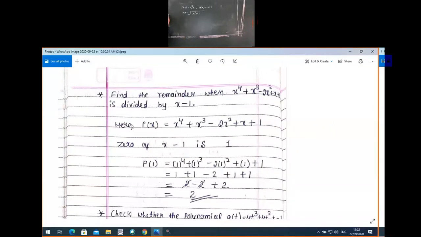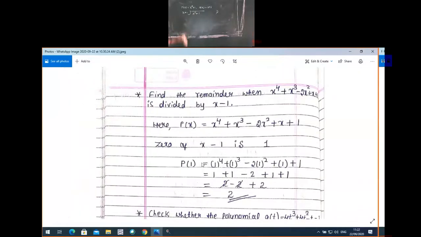Board is not visible, I think. Can I write here? Yes, this side I write. On one side, left or right, you have to work out the terms of the quotient. How to decide the terms of the quotient? Dividend first term divided by divisor first term.